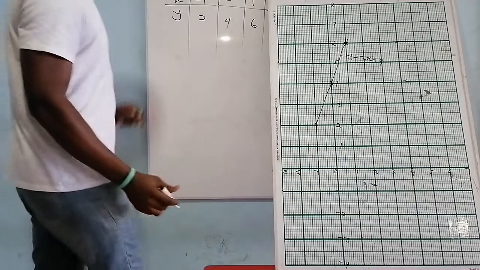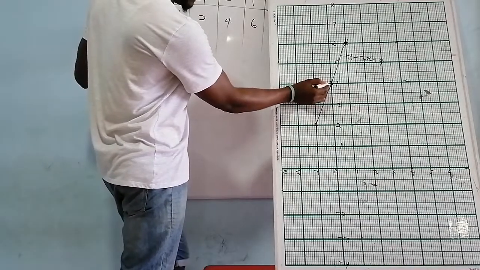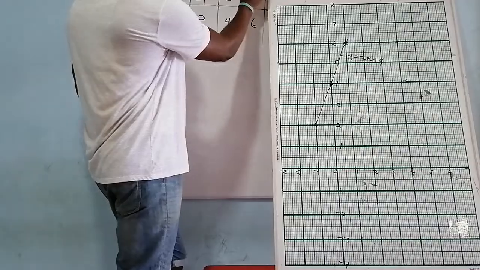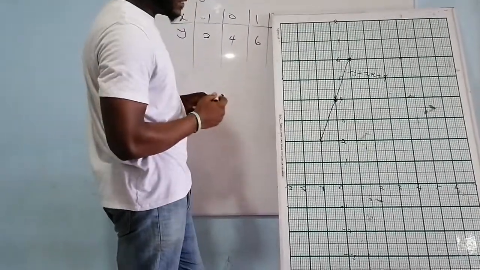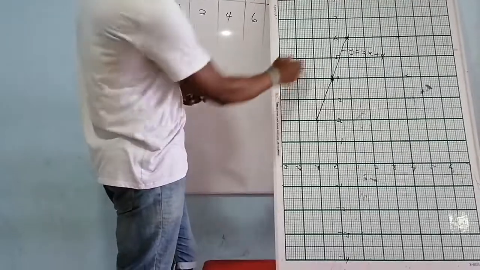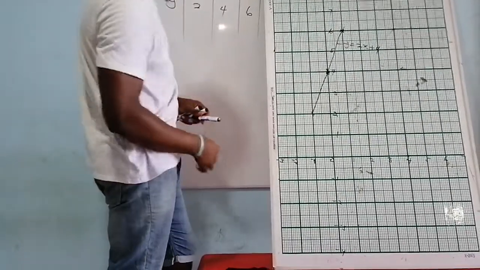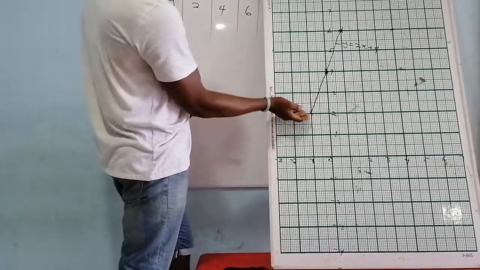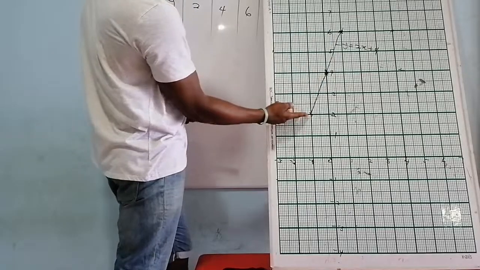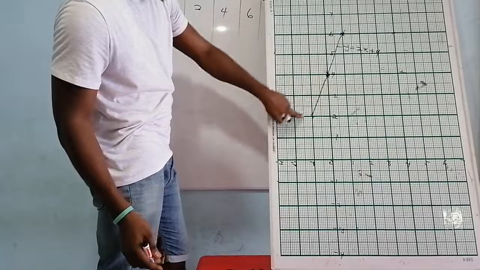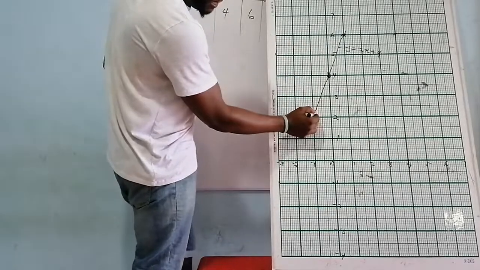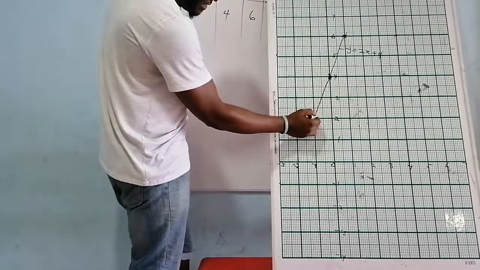Now, you realize that this line cuts the y-axis here at 4, which is the same as what we have here. If you are asked to find the point where this line will cross the x-axis, all you need to do is put your ruler on this line and just extend it.